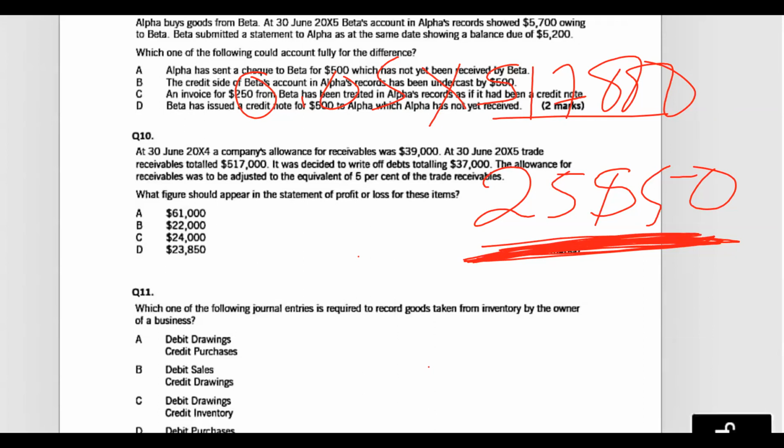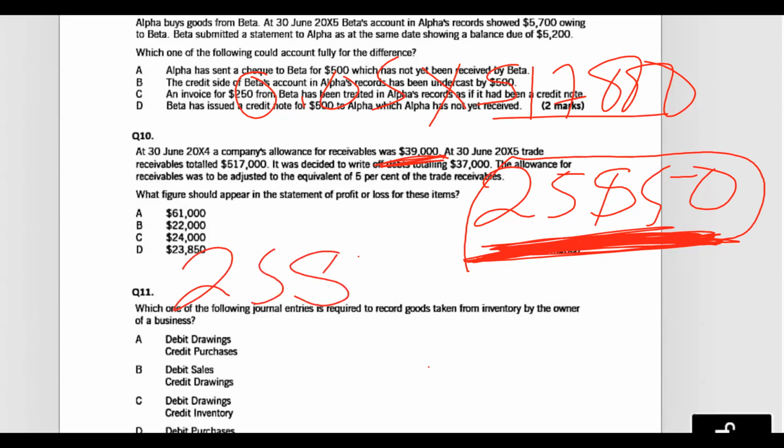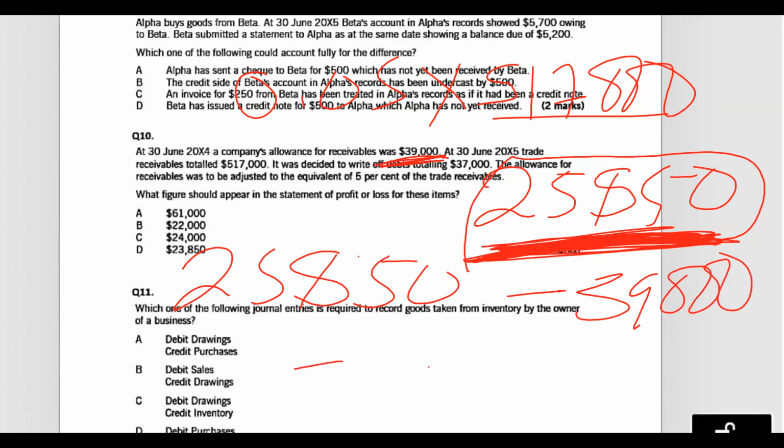This is the allowance for receivables found in the trial balance. This is the one you have just calculated in the new period. Comparing these two, you find the difference: 25,850 minus 39,000, you get negative what?